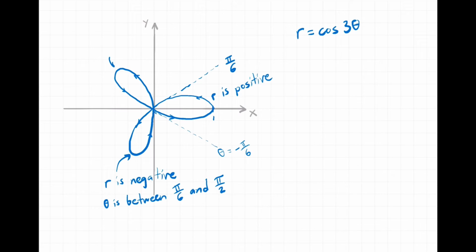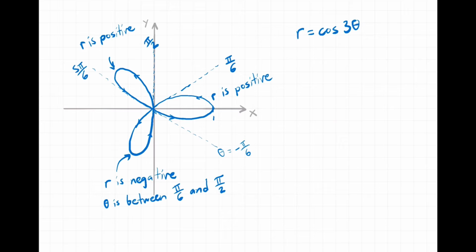Now, finally, this last lobe here, our r is positive. And it turns out that we can trace this out for theta between pi over 2 and 5 pi over 6.